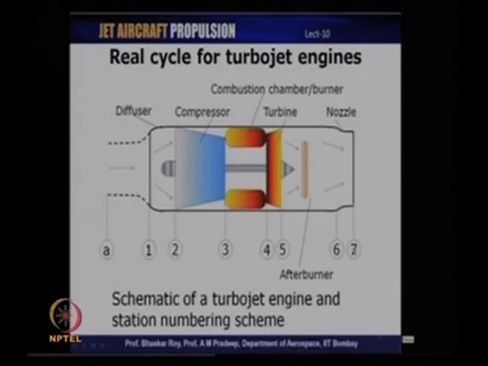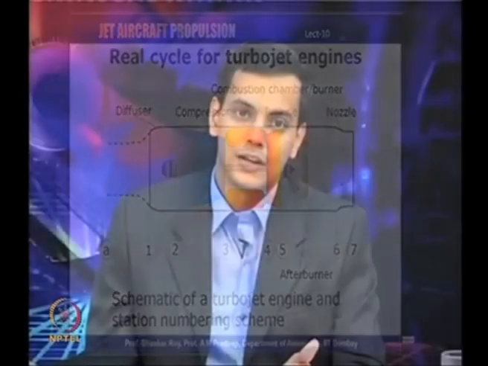We are going to use this numbering scheme not just for this turbojet analysis that we are going to initiate right away, but also for the turbofan and turboprop analysis, which we will take up subsequently. Now, in a turbojet engine, as we have already discussed, the various processes involved can basically be mapped to a Brayton cycle. The cycle begins with compression.